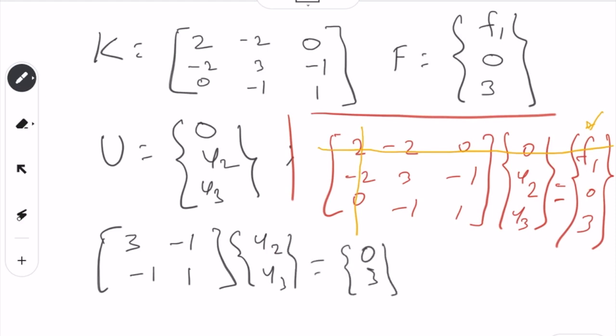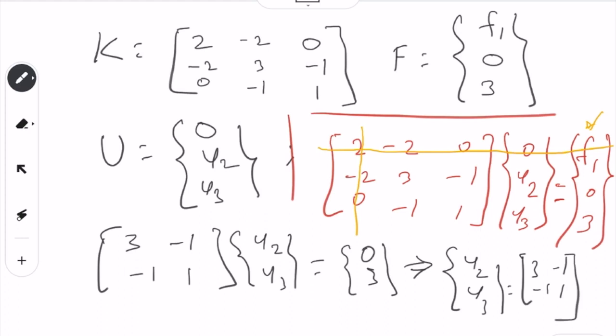So this is now, if you want to know what is u2 and u3, you can just invert the matrix, you get it. So u2 u3 equal to 3 minus 1 minus 1 1, inverse of that, multiplied by 0 3. So this is your answer.